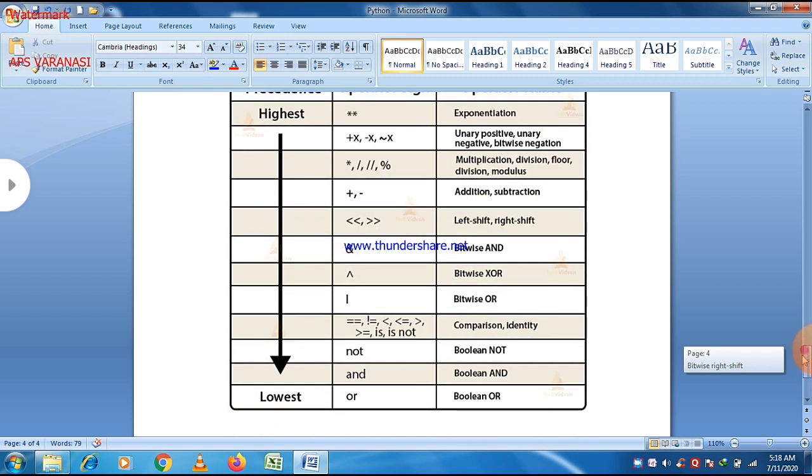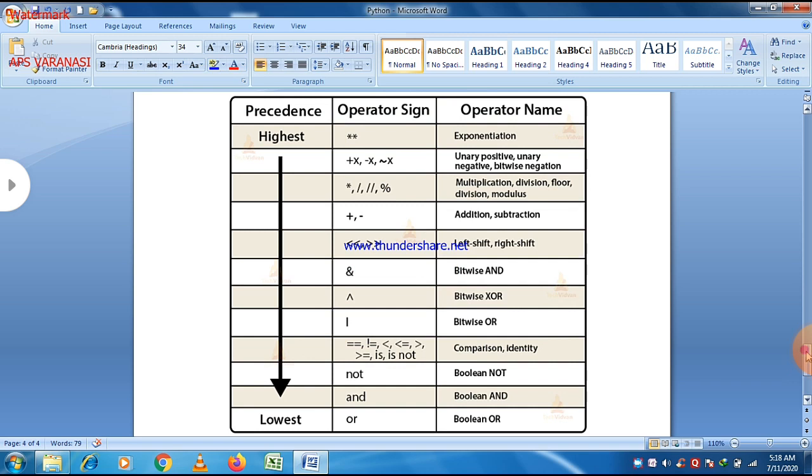Always remember that multiply, divide, floor division and modulo all have the same precedence, and they come before addition and subtraction, as in math according to the BODMAS rule. So almost the BODMAS rule is followed, but since there are some new operators which are not part of mathematics, we have to learn these.